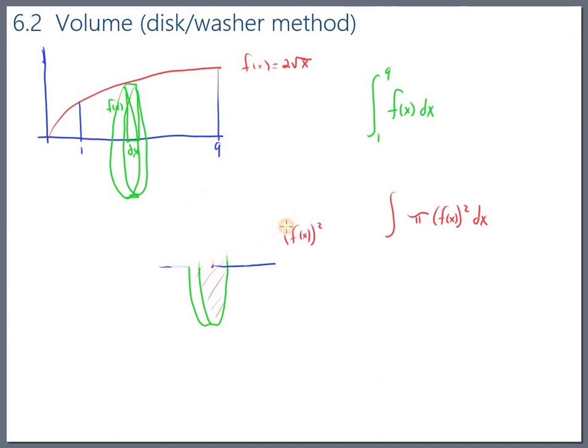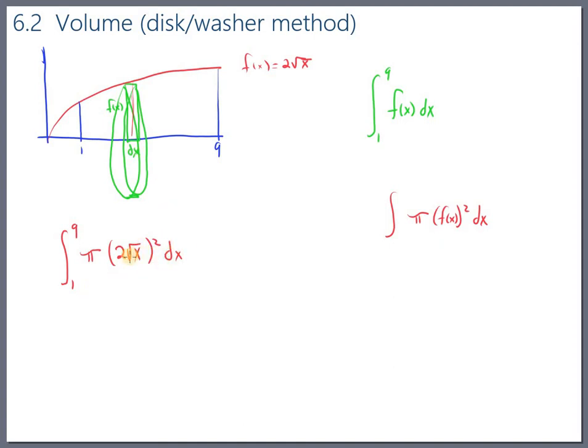So let's do 2 square root of x. We want the volume of this shape from 1 to 9. And we want pi times the radius, which, again, is just given by the function value here. So pi radius squared times the thickness of the disk. Okay, so there's our full volume formula.